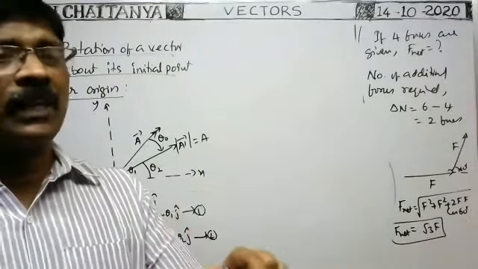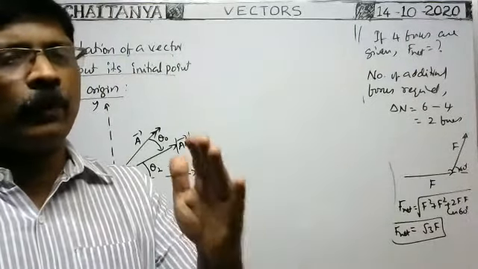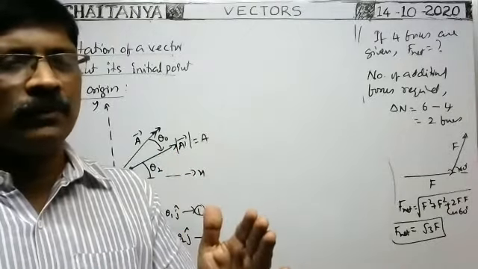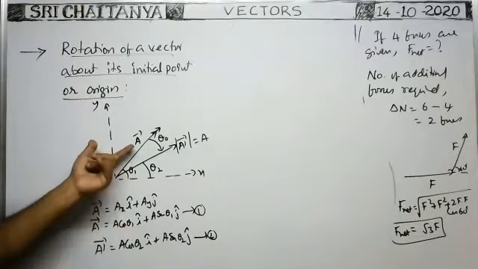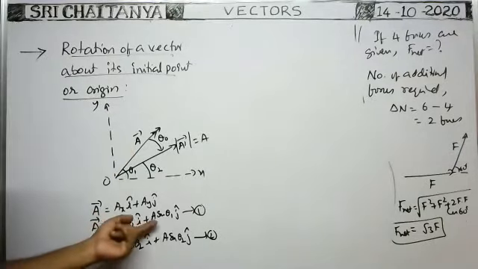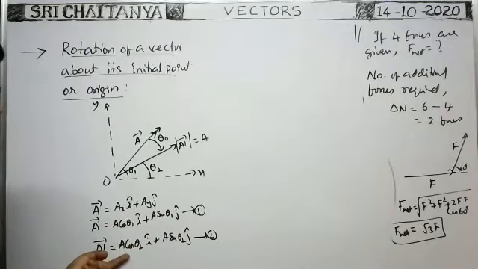What about the components of that vector? When the vector is turned about its tail or origin, what about the components? Initially, when the vector is not turned, the components are a cos theta 1, a sin theta 1. Now the components become a cos theta 2, a sin theta 2, which means they change.